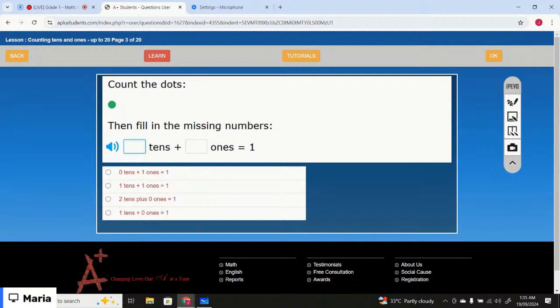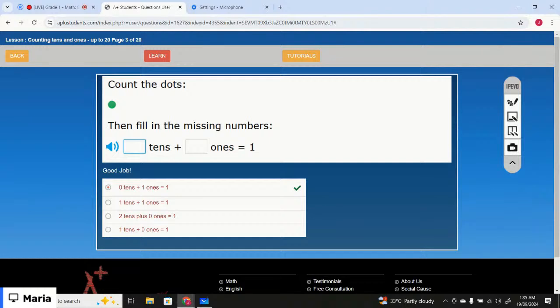That is only 0 tens and 1 one. Option number 1 is the correct option. You have no tens, only 1 one. So 0 tens and 1 one.